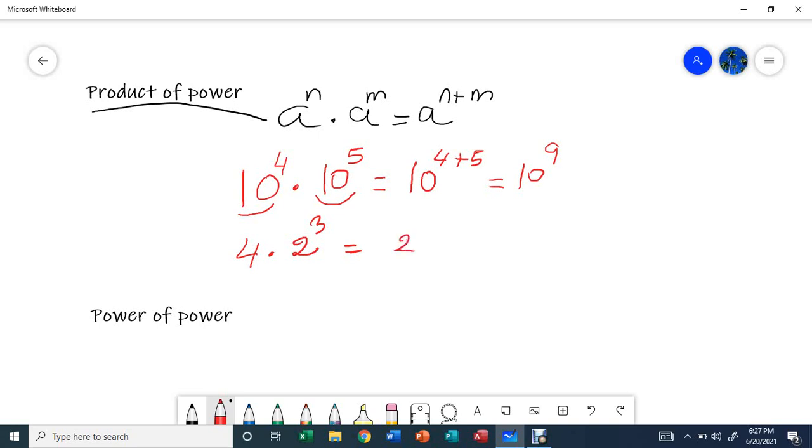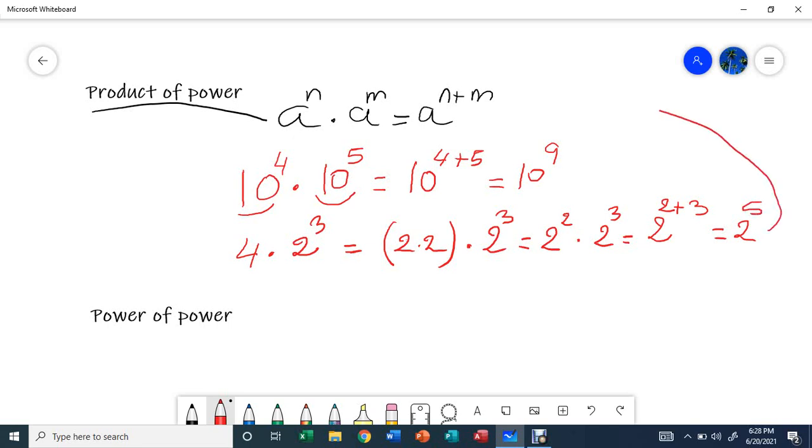So 2 times 2, that gives me the 4, times 2 cubed. And 2 times 2 is 2 squared times 2 to the third power. Now I have the same base. I can use the product of power. So it's going to be 2 to the 2 plus 3, equals 2 to the fifth, using the product of power.